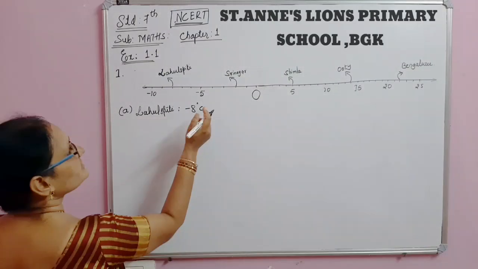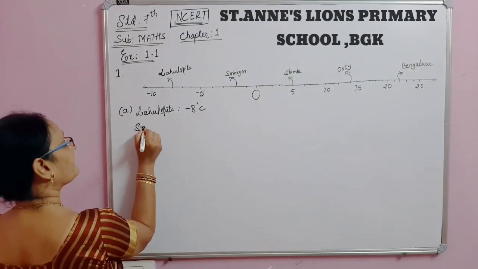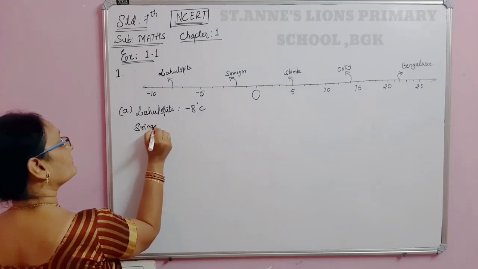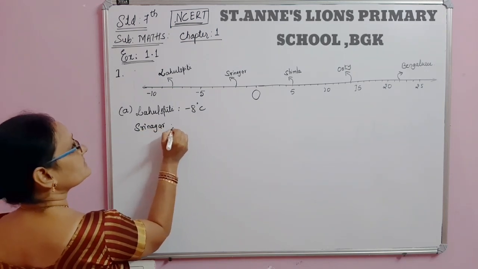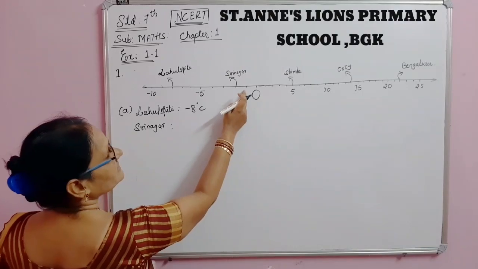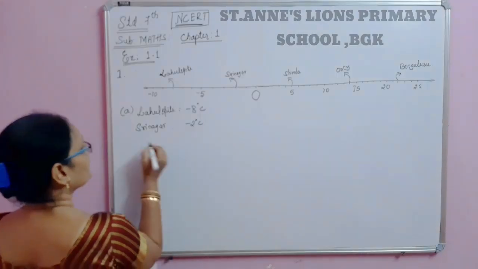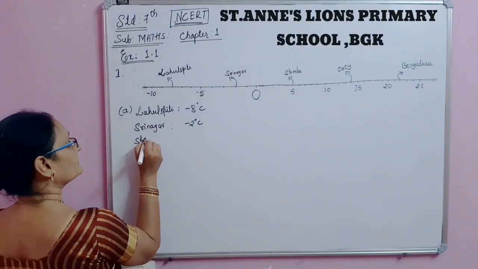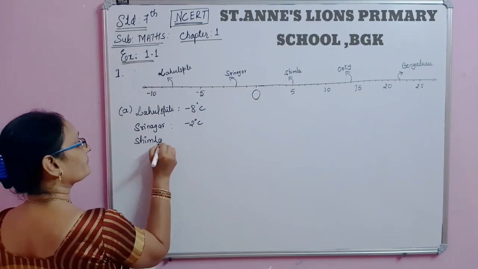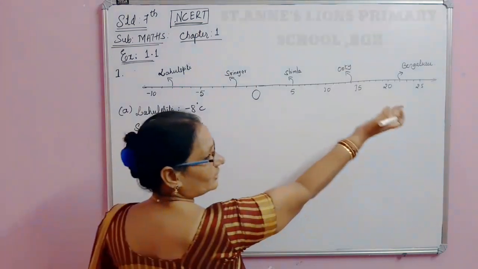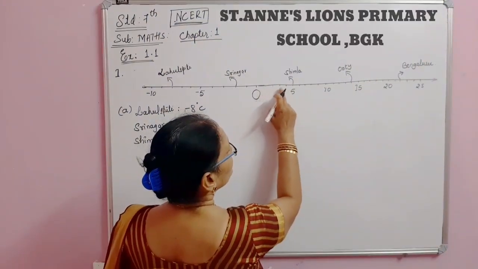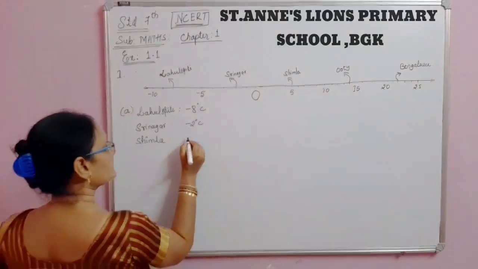And then next, Srinagar. Srinagar, this is 0, means this is minus 1, minus 2 degree Celsius. Then next, Shimla. Shimla is on the right side. See, 1, 2, 3, 4, 5 degree Celsius.